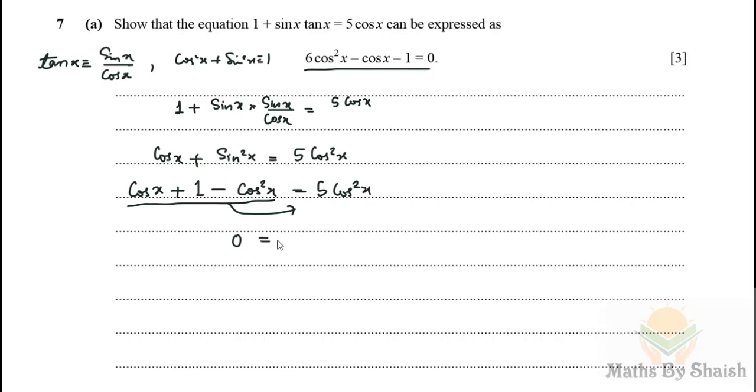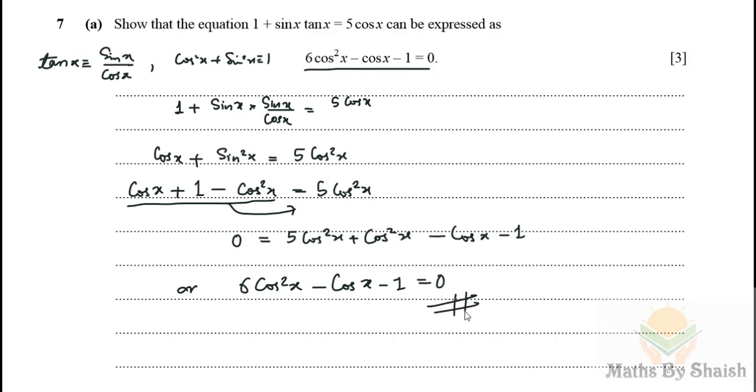We will get 0 is equal to 5 cos square x plus cos square x, that is 6 cos square x, minus cos x minus 1. So 6 cos square x minus cos x minus 1 is equal to 0. Hence we are done. Let's do the b part of it.